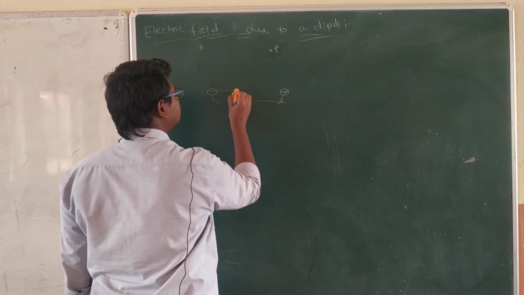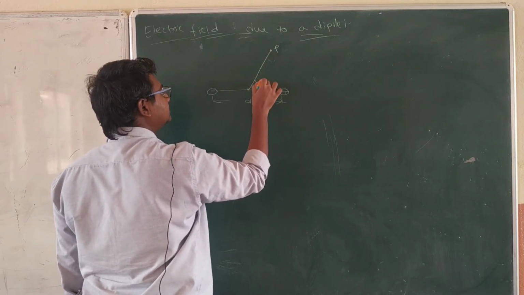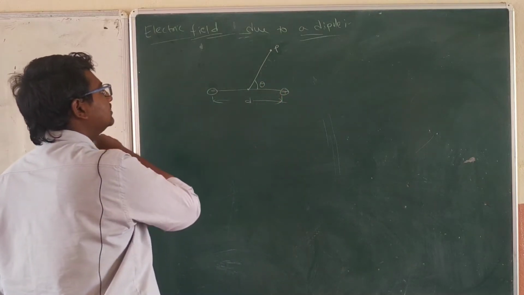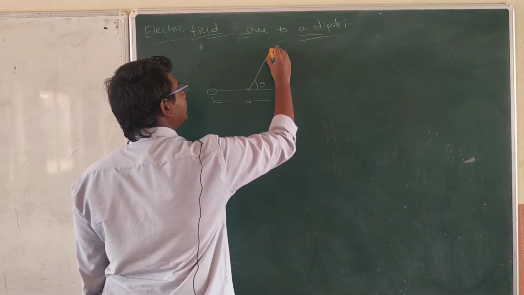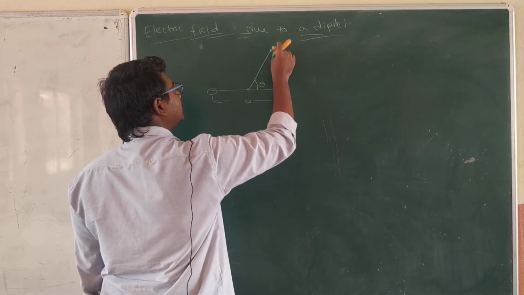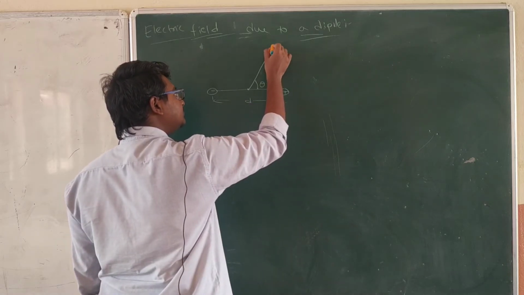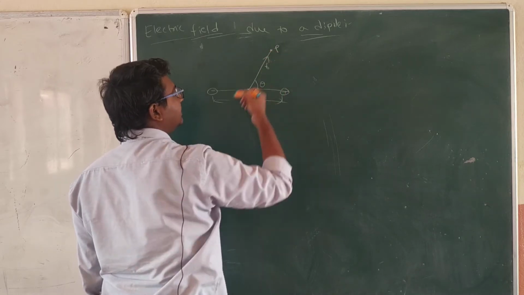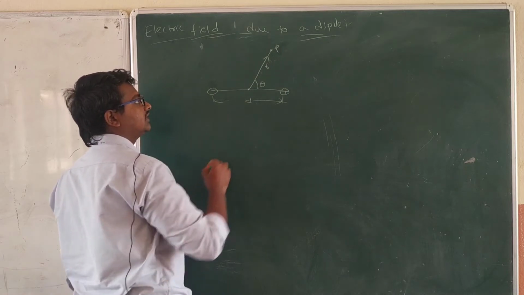Now this angle I am considering as theta, generally, like in the previous case. Here we have to find the electric field at this point. That's why I am going to give some displacement to the point P along the radial direction, means along r, as well as perpendicular to this r.